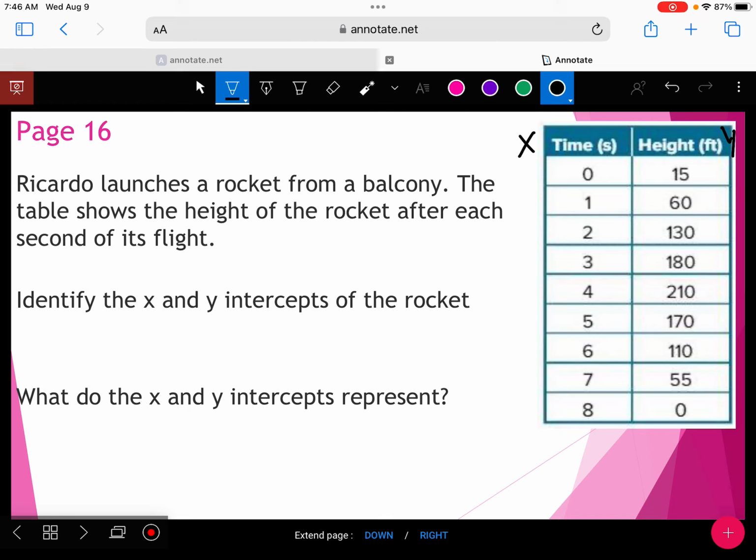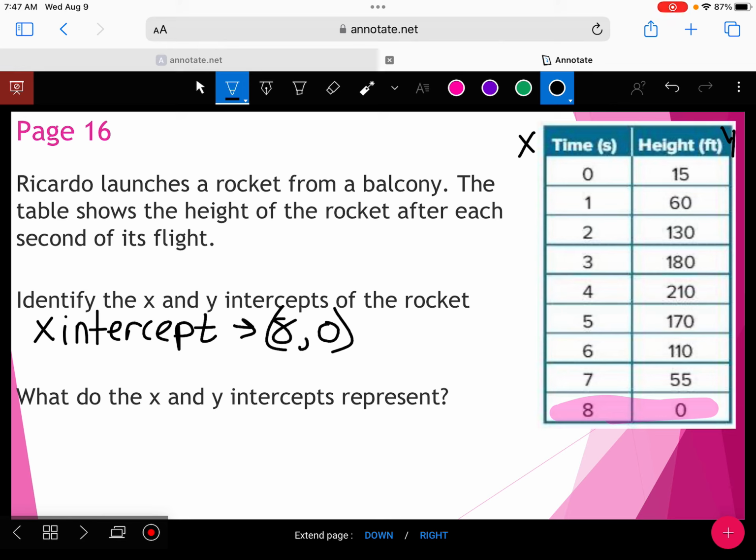Process of elimination, that means height is our y. How do I find my x-intercept without a picture? Remember what our x-intercept has? The y is 0. So where is y 0? The bottom one at 8. So this guy is my x-intercept. So x-intercept is at 8, comma, 0.